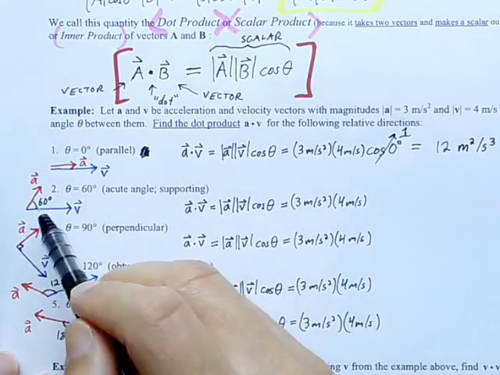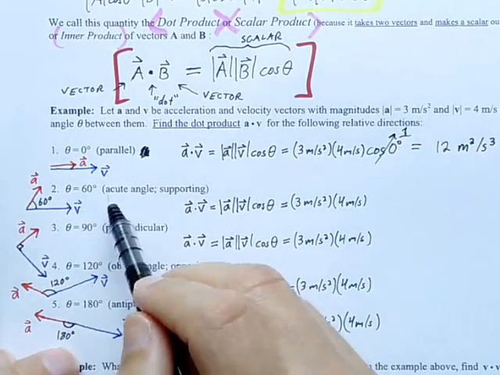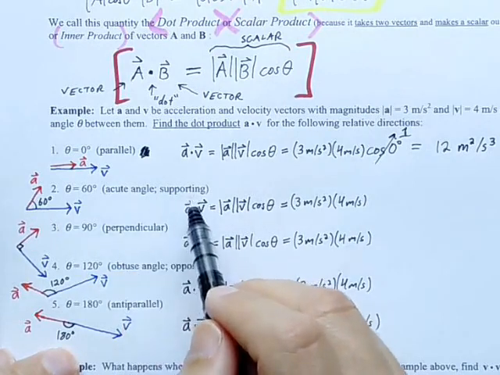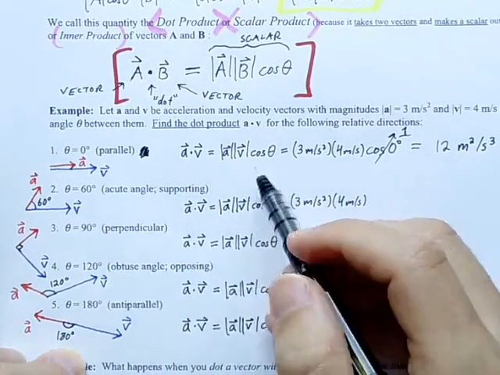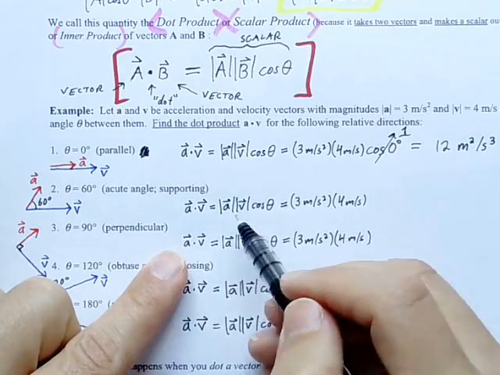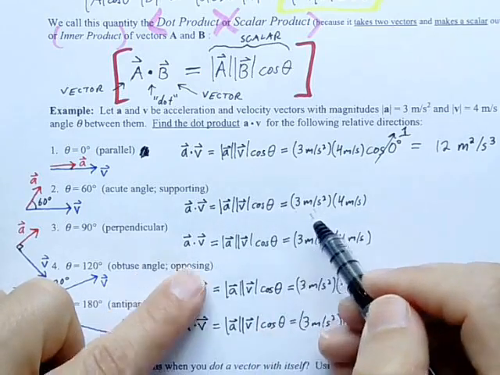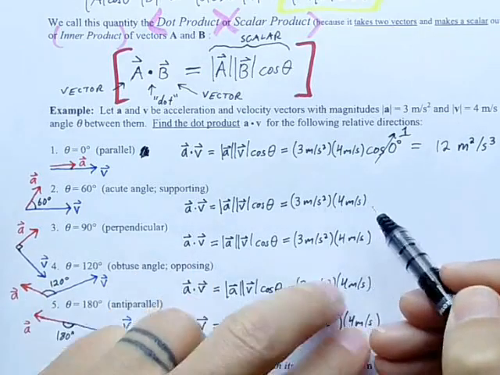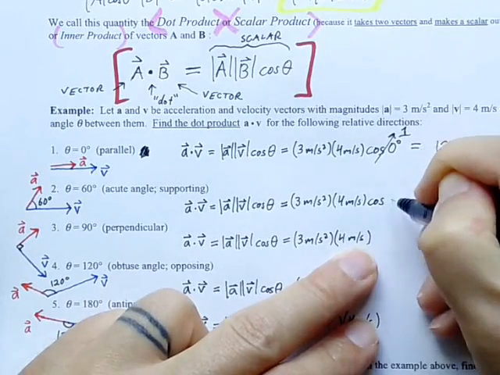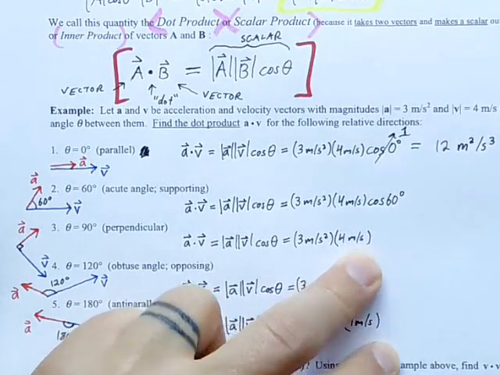What if the angle between them is 60 degrees, some acute angle? So they're partially supporting one another, but not quite parallel. So A dot V will be A V cos theta, so 3 meters per second squared times 4 meters per second times cosine of the angle between them, cos 60 degrees.